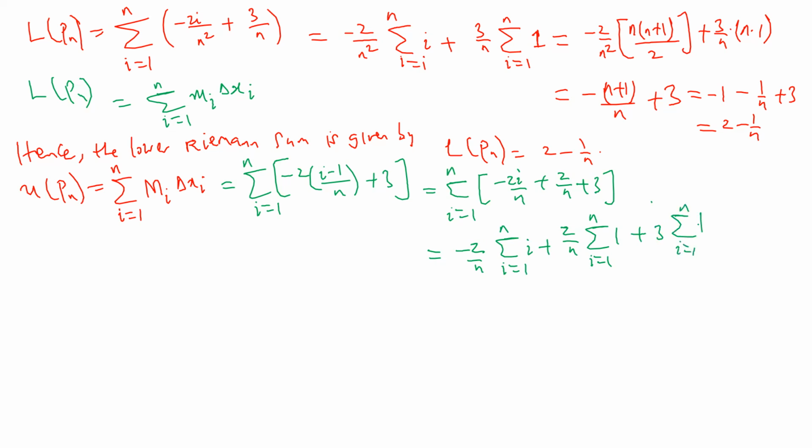And then you just sum 1. The sum of 1 is a constant, so if you're summing a constant, which is minus 2 over n. Okay, the sum of this one is n by 1.